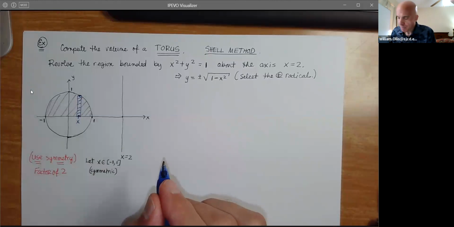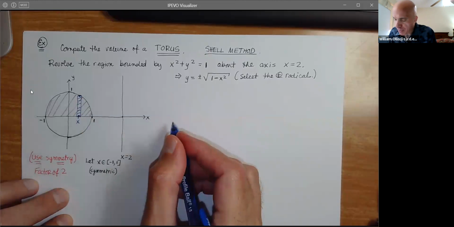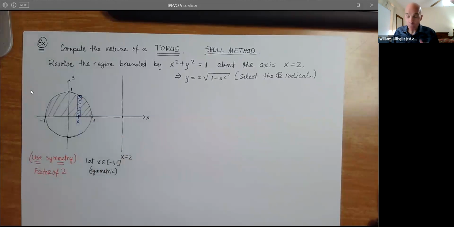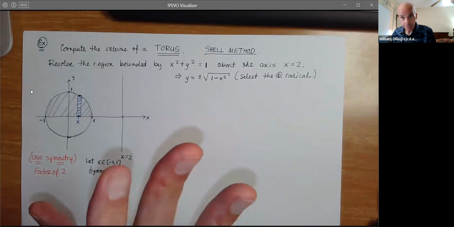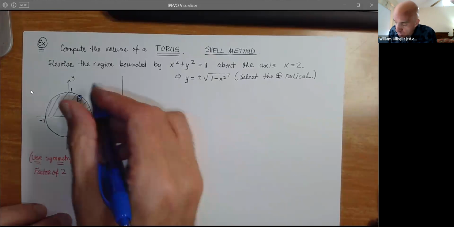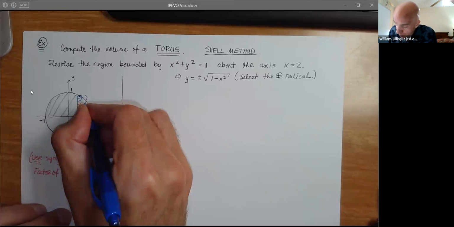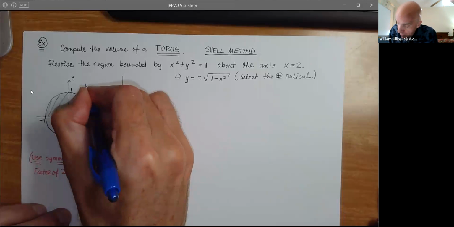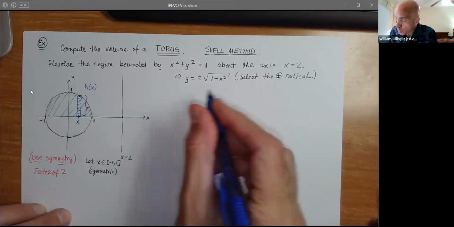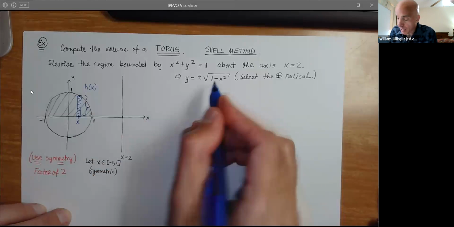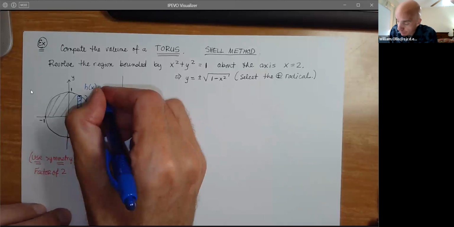We can do this. Now, this is where we have to think a little bit and be a little bit more vigilant. Notice I'll do the easy part first. The length of the strip is just the value of the function at x. That's the easy part.